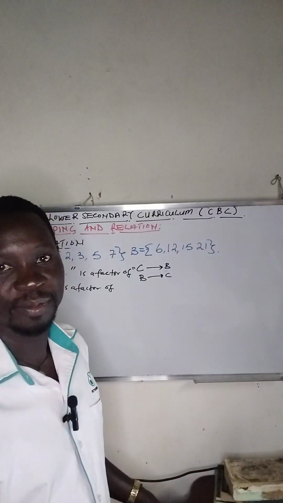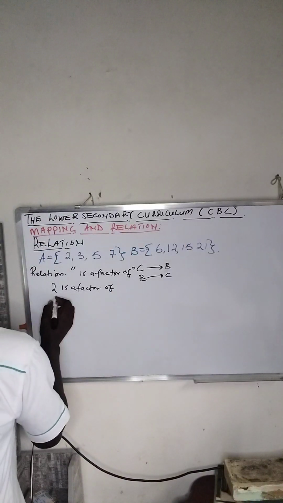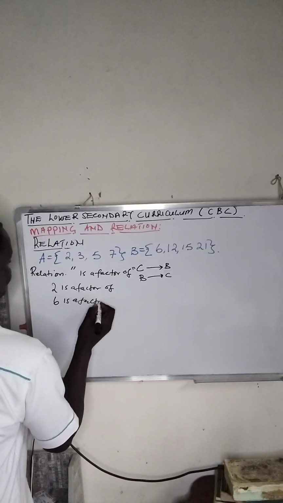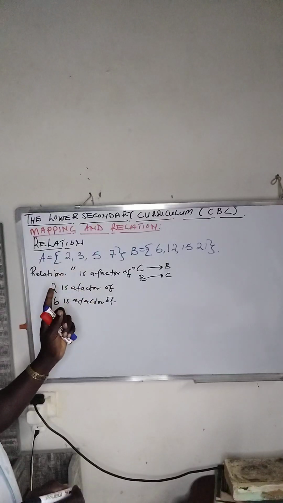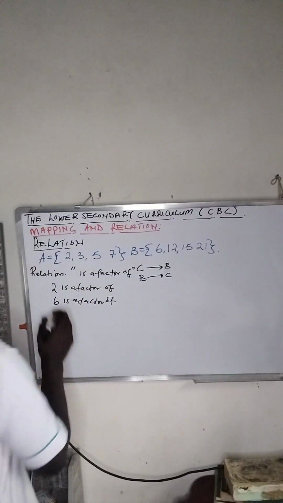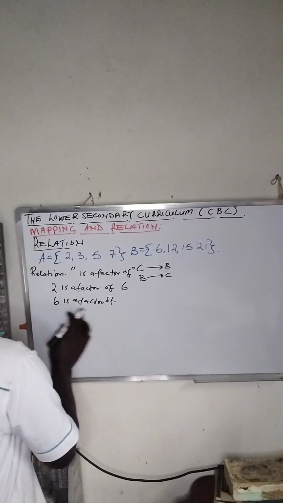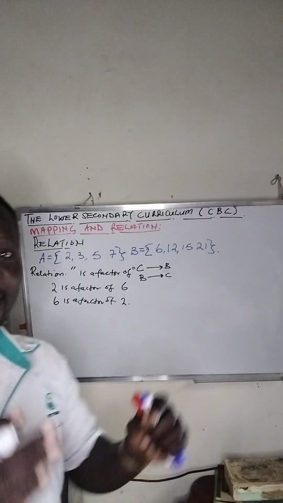Are we together? We say, for example, 6 is a factor of. I need you to relate this one. When you write a statement like 2 is a factor of 6, or we can say 6 is a factor of 2, you need to understand this.